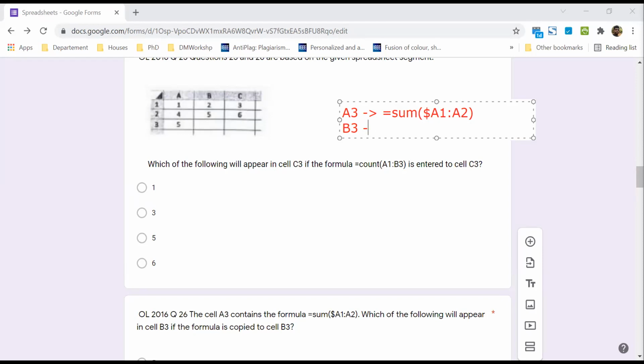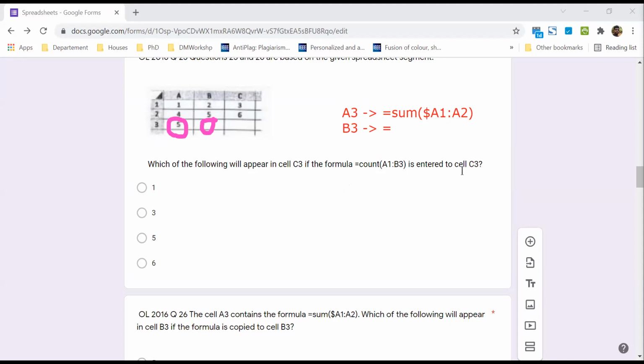Right? When you go to a column, we know that this is going from A3 here and copying this to B3, right? So what will happen?